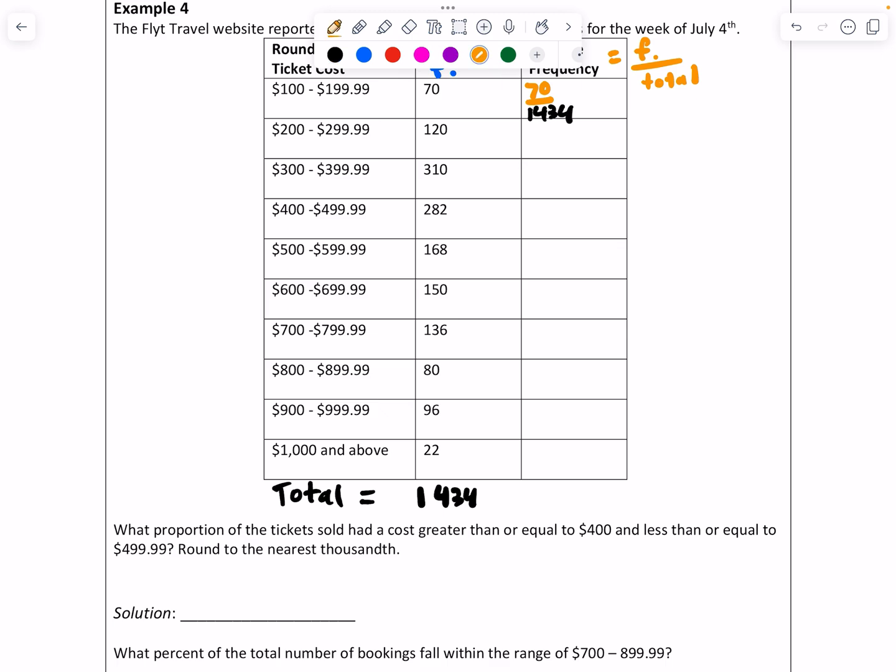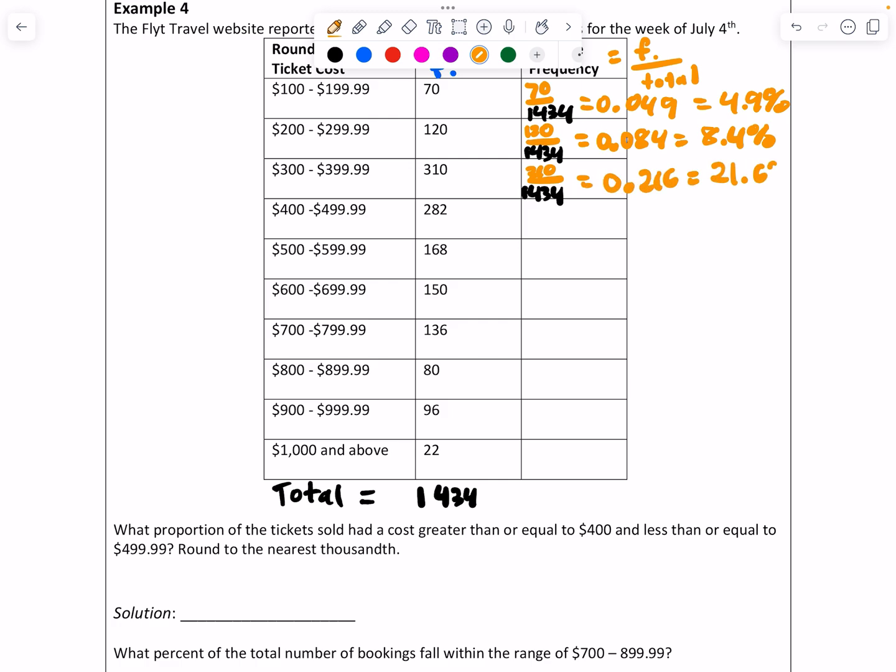So 70 divided by 1,434 gives me 0.049, which we could write as a percent, that would be 4.9%. Next one would be 120 over 1,434, and that gives me 0.084, so 8.4%. 310 divided by that total would be 0.216, which could be 21.6%.